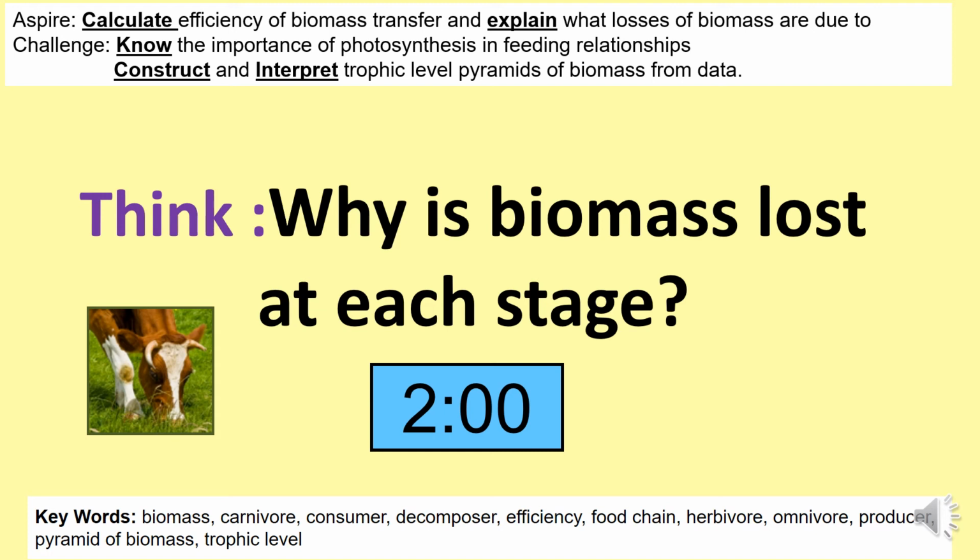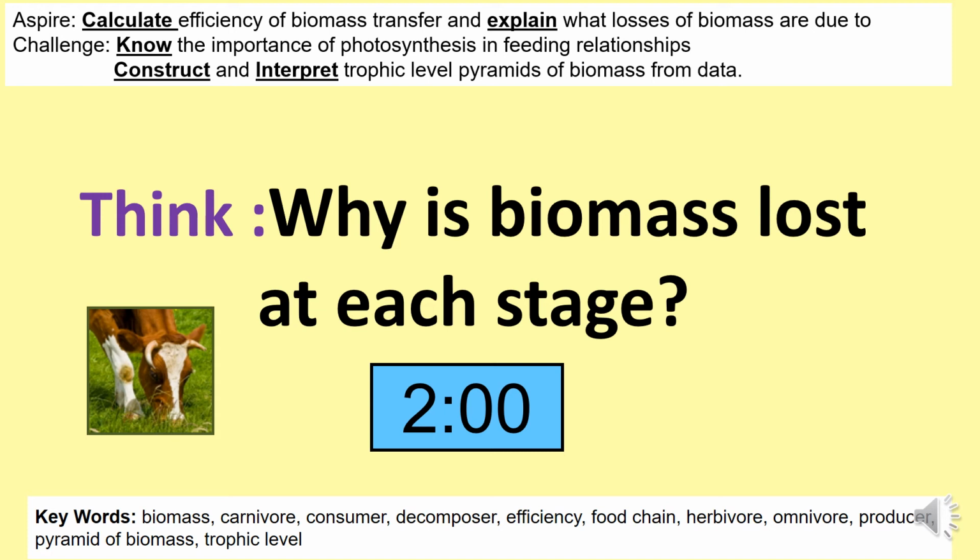This is one of those topic areas where it's very easy to remember a couple of very good examples, but I'd like you to have deeper knowledge as biology triple science students so that we could write a more complicated answer. I'd like to spend a couple of minutes thinking about why mass could be lost between, for example, the leaves and the caterpillars, and then the caterpillars and the blue tits.